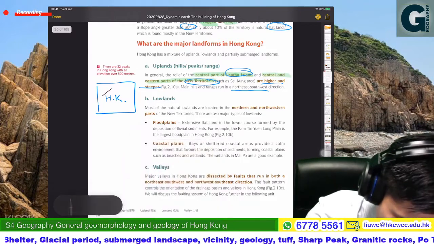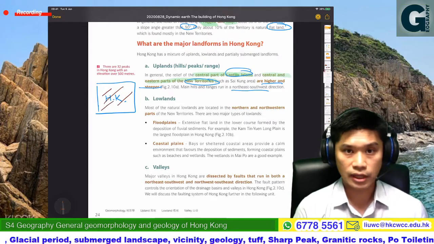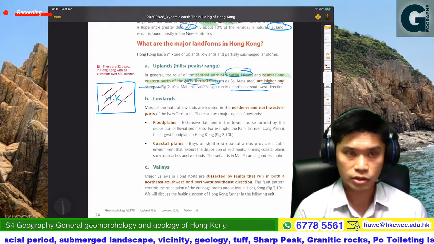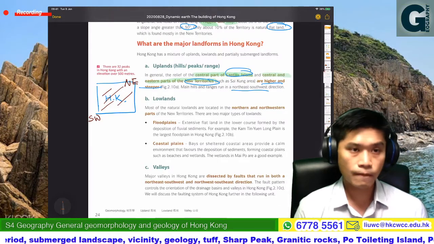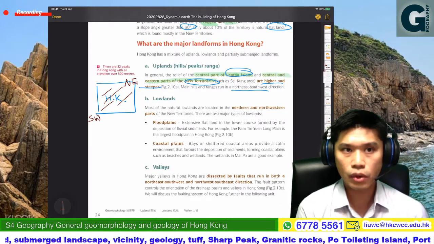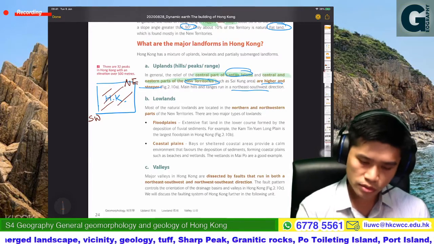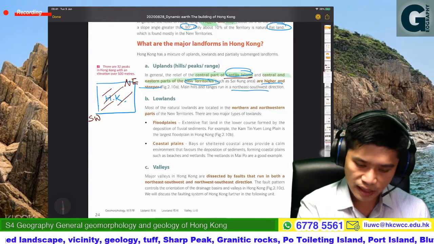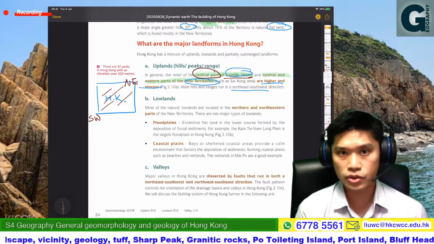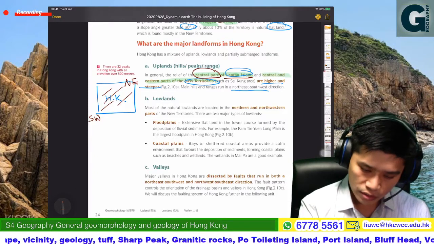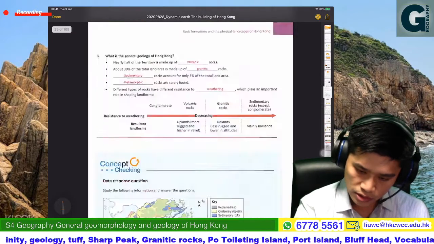It would be like this, in this direction, northeast-southwest. And this is where you can see most of the upland and hills in Hong Kong. First, Lantau Island, the central part of Lantau Island. Remember, you must memorize those areas. The second one, New Territories, the eastern part and central part of the New Territories.